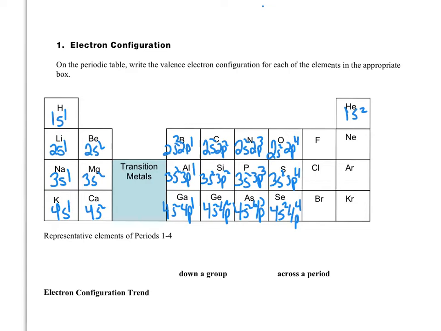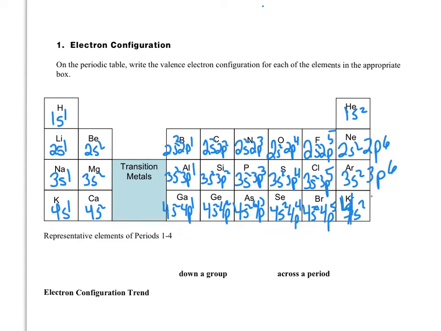Next are 2s2, 2p5, 3s2, 3p5, 4s2, 4p5. And then neon is 2s2, 2p6. Argon is 3s2, 3p6. And krypton is 4s2, 4p6.